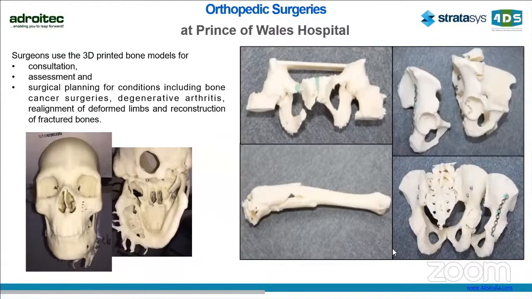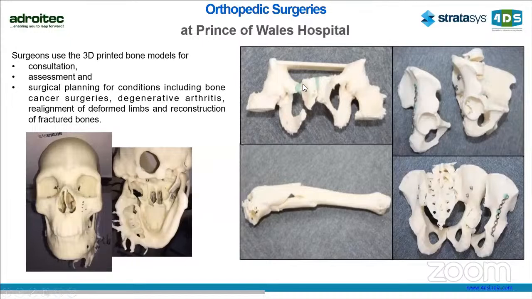This is another use case in Prince of Wales Hospital. Before they go into any serious surgeries, they print the parts like skull, pelvis structures. They do all the operations over here. You can see this skull structure, which is 3D printed in FDM with all the patient data.